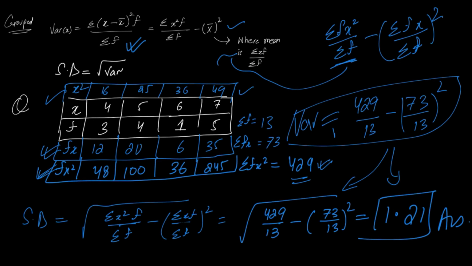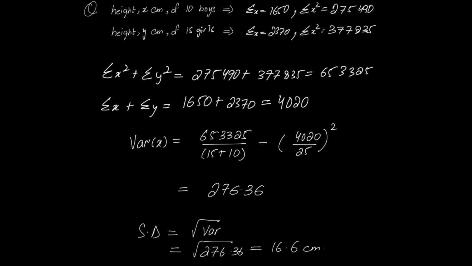Okay, now let's look at how we can take out variance of a combined set of data. Suppose we're given a combined set of data and we have to find the variance of that. Like we took out the mean of a combined set of data, we will again consider it as one.